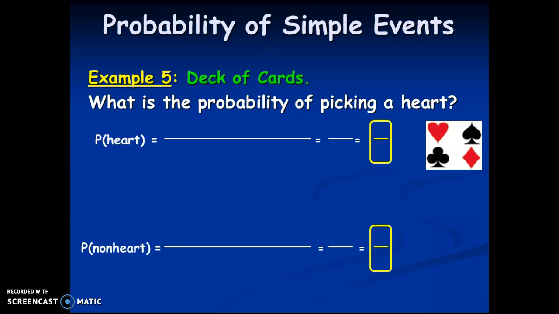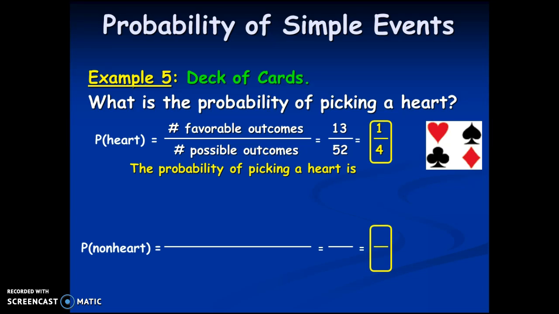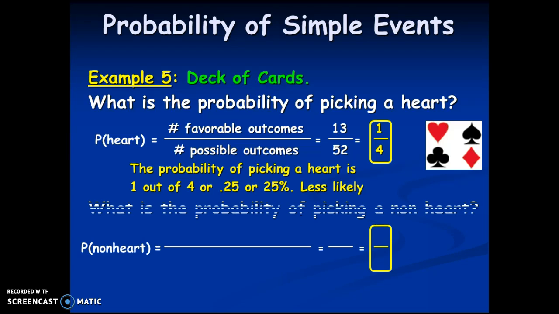I have 13 hearts because there's 13 in each suit. So I'm still looking for my favorable outcomes. There are 13 hearts in a deck of cards. There are 52 total cards, so my possible outcomes is 52. 13 over 52 can be reduced to 1/4. So we would say this is less likely because it's closer to 0.